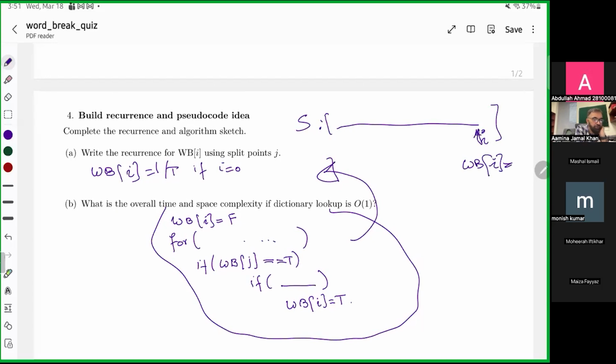You have to answer whether this whole string up till point I is splittable or not. Okay. अब जो क्वेश्चन 3 में हमने आंसर डिजाइन किया था, it says that you have to check all possible j's which are smaller than i. वहां पे जाके आपने टेस्ट करना है कि फॉर एग्जांपल इफ दिस इज द पॉइंट और इट्स पॉइंट के ऊपर WBJ is true and the remaining string is in my dictionary, तो फिर WBFI should be true, right? That's the answer we designed in question 3.